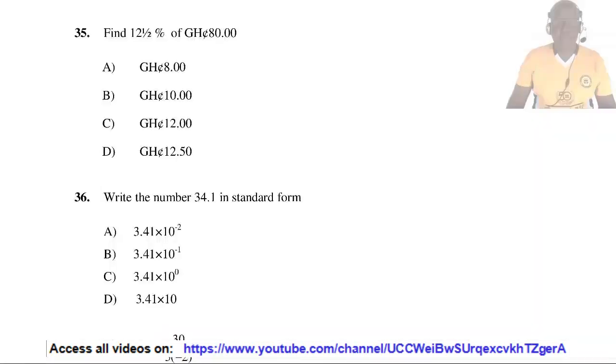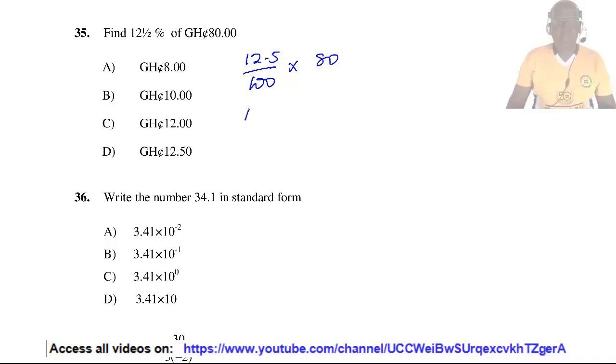Question 35. Find 12.5% of 80 Ghana cedis. 12.5% is the same as 12.5 divided by 100 times 80 Ghana cedis. We shall convert the numerator into a whole number.